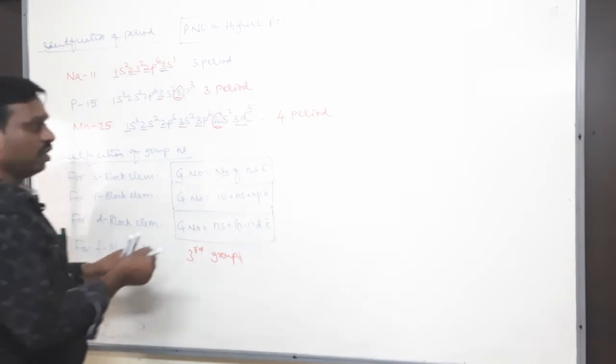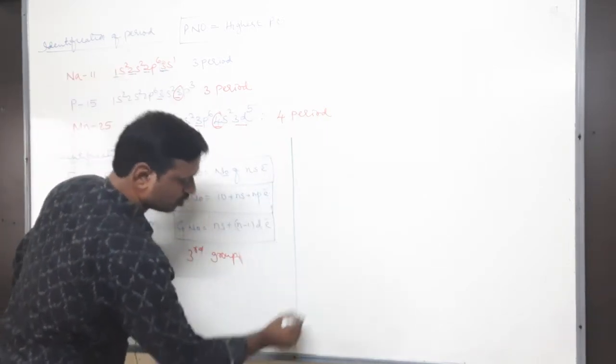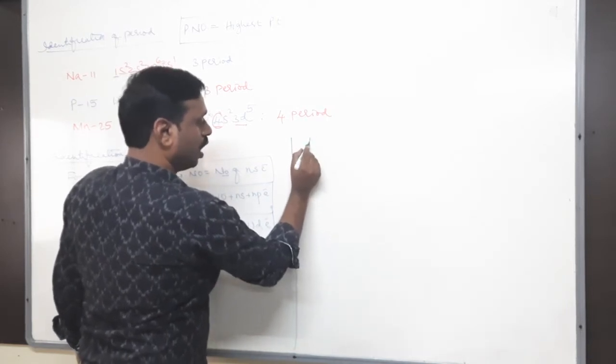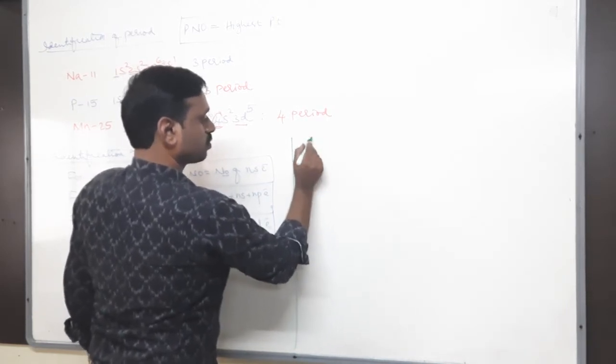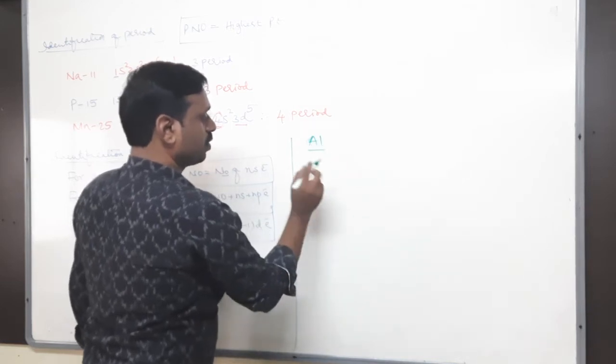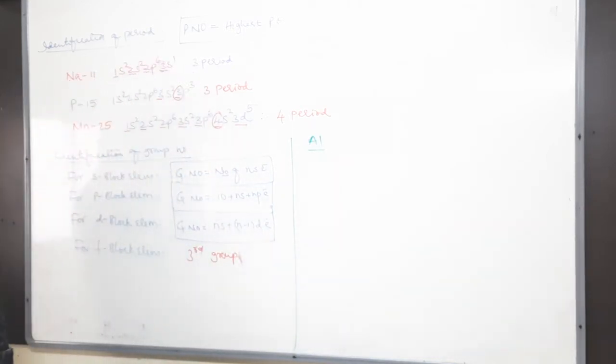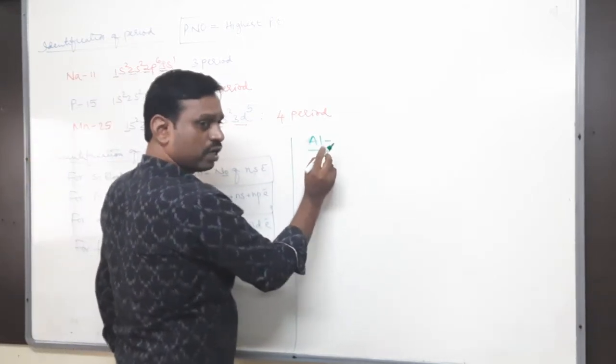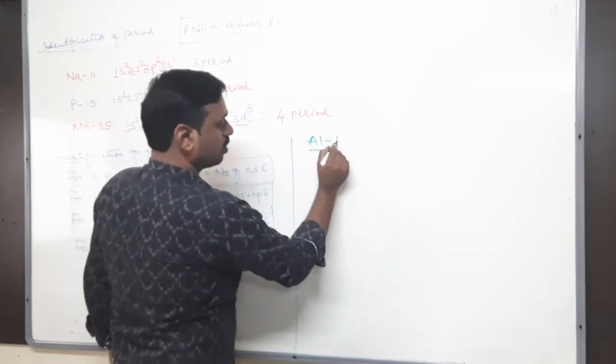For example, let us take aluminium. What is the block, period and group? Tell me all three. Write the electronic configuration. Atomic number of aluminium is 13.